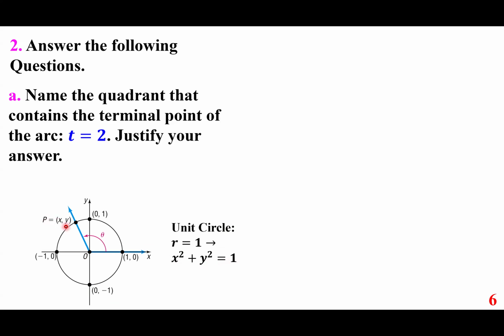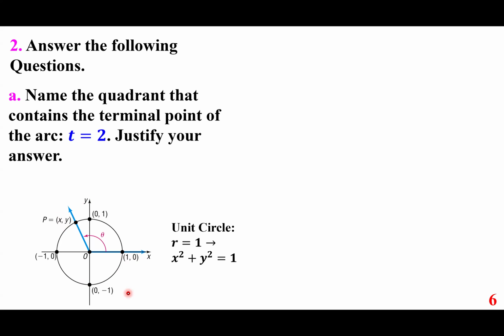So every point P with coordinates x, y satisfies x squared plus y squared is 1. Therefore, if you look at the quadrantal values, 1, 0, 0, 1, negative 1, 0, 0, negative 1, because it's a unit circle.